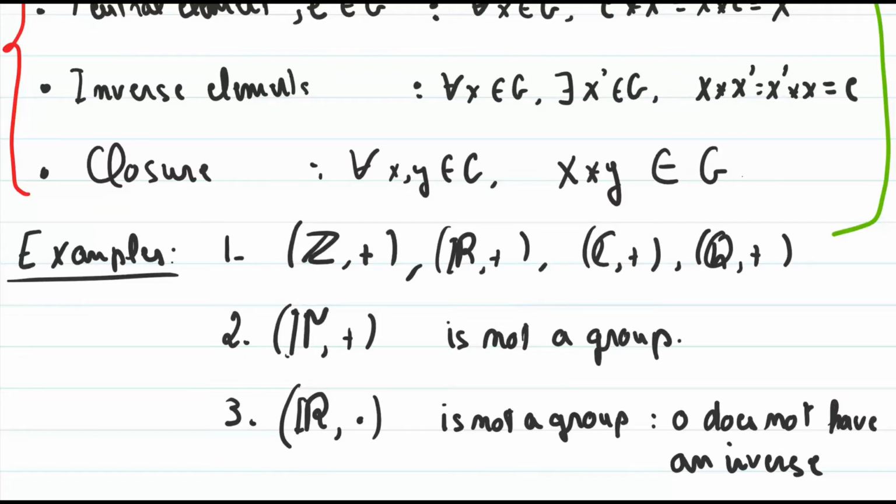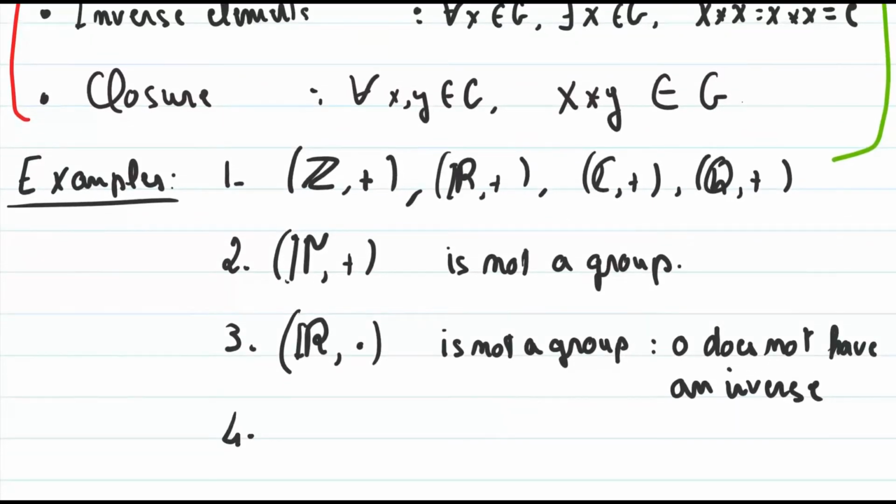The same, I can say about C with multiplication and Q with multiplication. Those are not groups for the same reason. But what if I remove this 0? If I take R star, like R without the 0, the non-zero elements of R, with the usual multiplication, this one is a group, because here every element has an inverse.